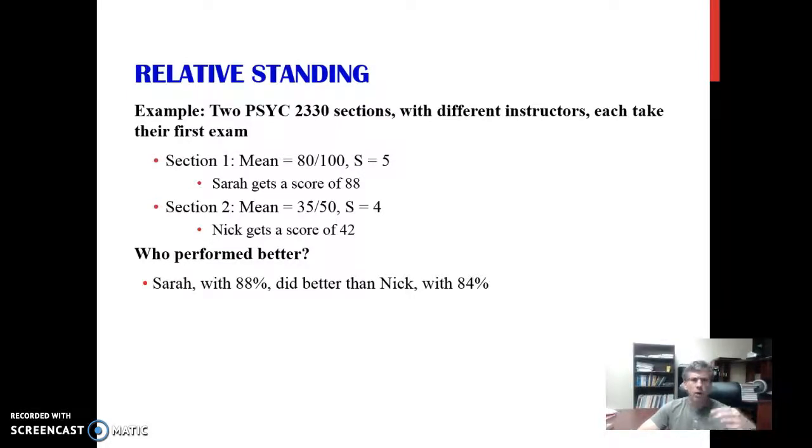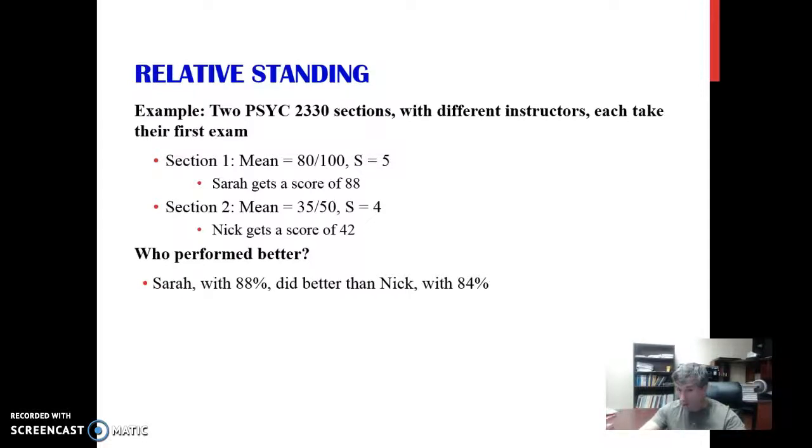We could standardize that by representing them as a percentage, and if we did that, we'd say, okay, yeah, Sarah did better than Nick. Sarah got 88% of the possible points, Nick got 84%. However, we can also factor in that Sarah's section, section 1, had a higher average overall than section 2.